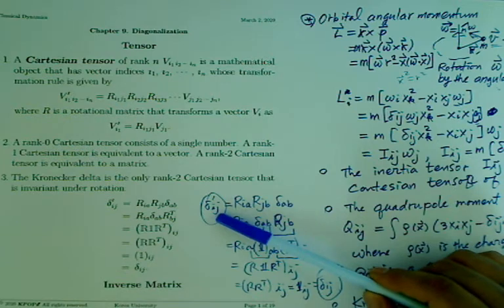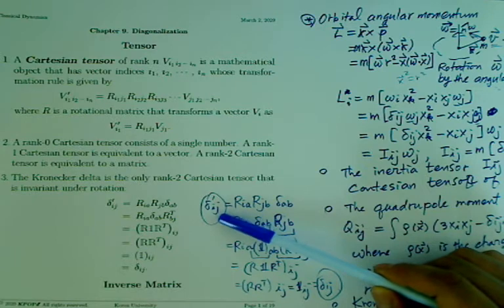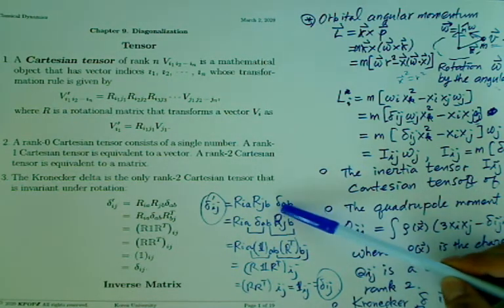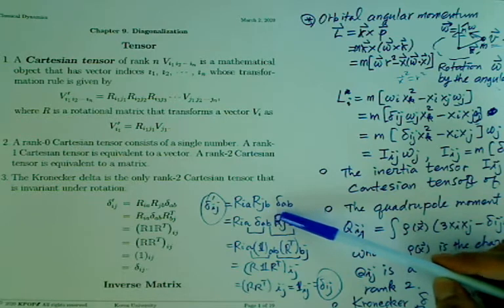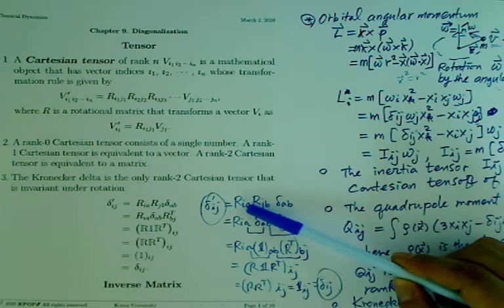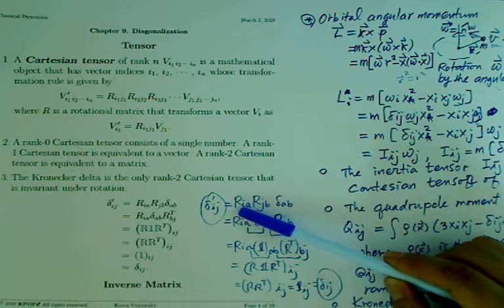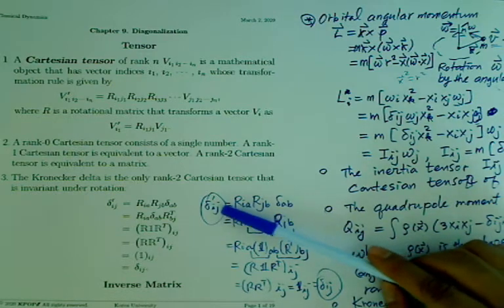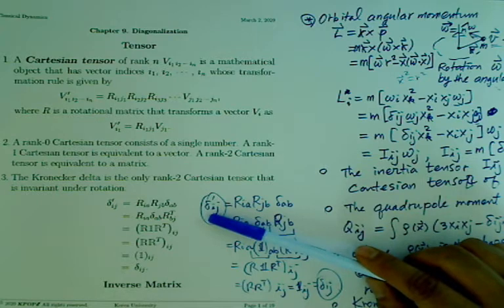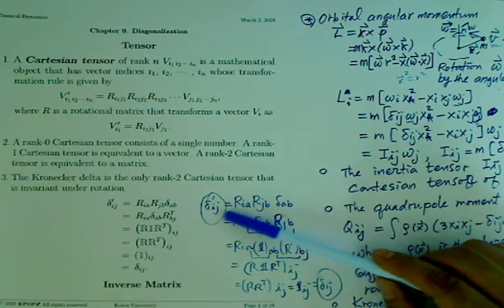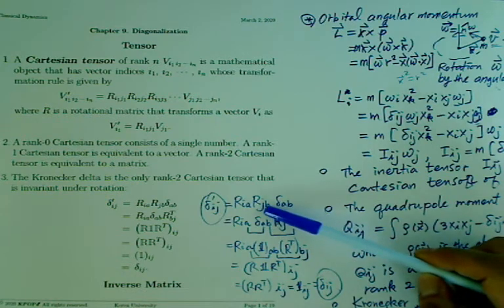If I introduce new coordinates after rotation, we have the original rank 2 Cartesian tensor delta AB, and A is connected to this A, and it is transformed into vector index I in this rank 2 Cartesian tensor after rotation. Index B is linked to J through rotation matrix R.